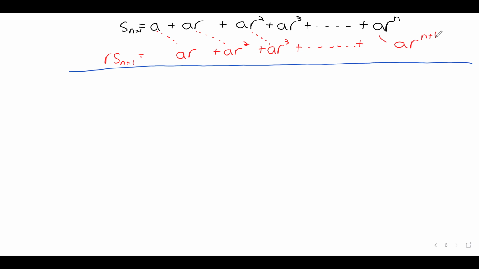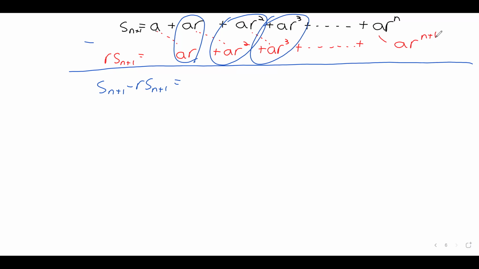And then the trick is to subtract them, and almost everything vanishes, right? We subtract the ARs and they go away. We subtract the AR squares and they go away. We subtract the AR cubes and they go away.